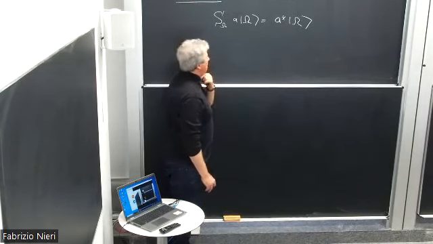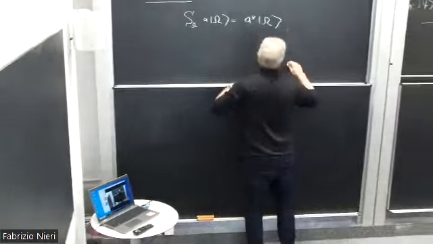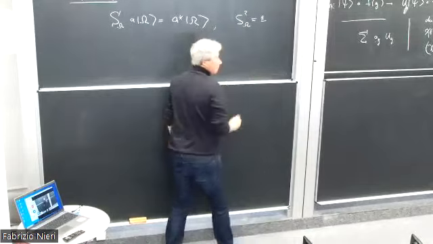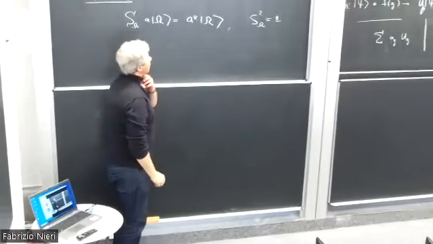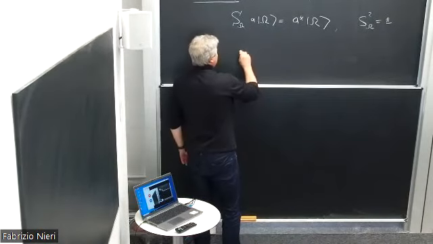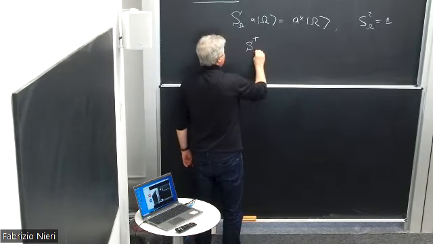An important thing you see from here, by the way, is that its square is equal to 1. But there's also a conjugate operator.